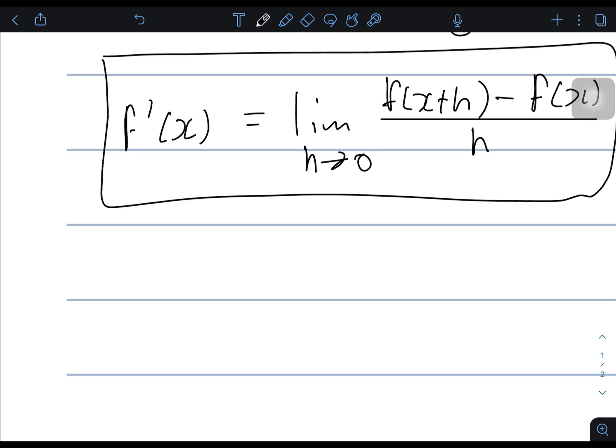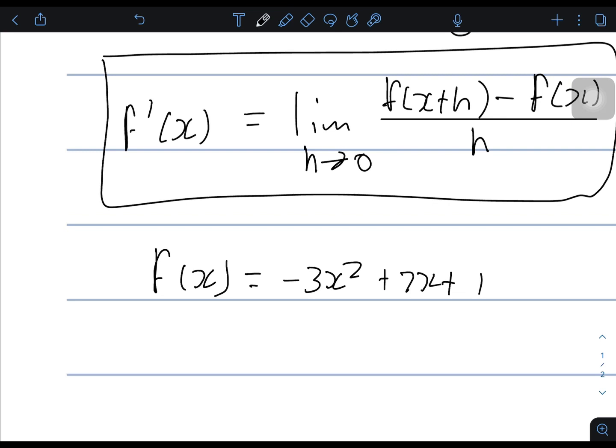Let's say f of x is equal to 3x squared plus 2x plus 1.